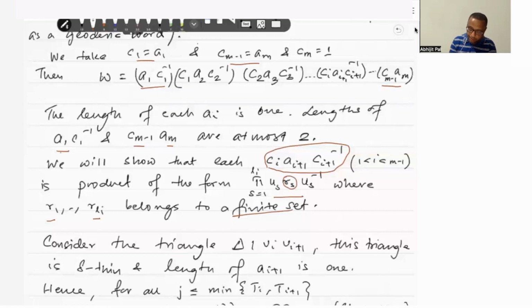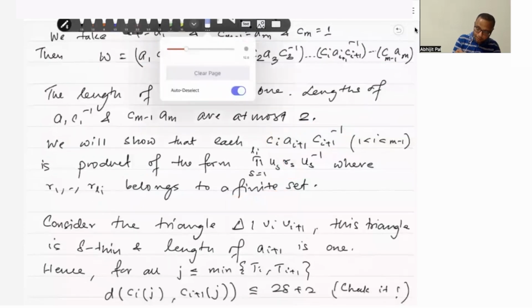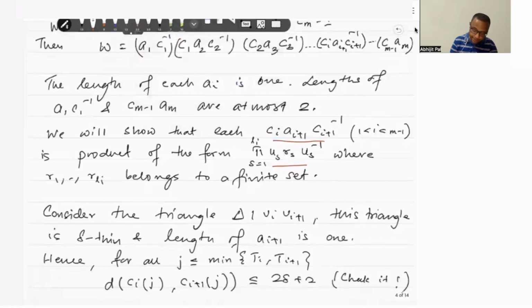If you can do that, then this word W is a product of finitely many conjugates, and from that we'll get this group to be finitely presented. Okay, so the next goal is to prove this. Each of these subloops will be equal to a finite product of these conjugates, so we need to find these Rs.